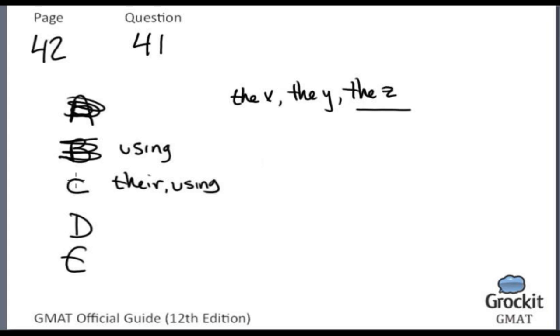We need the in front of each thing. Choice D has the development and their use. Again, not sufficient for our purposes. And choice E has the development of a Harappan writing system and the use.